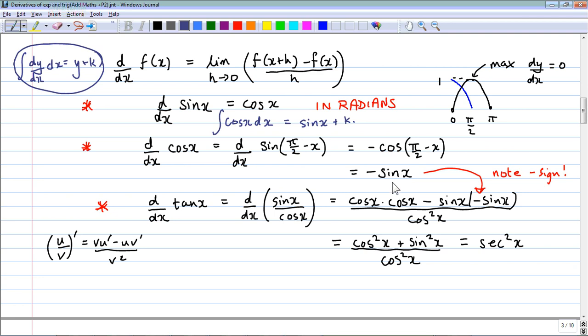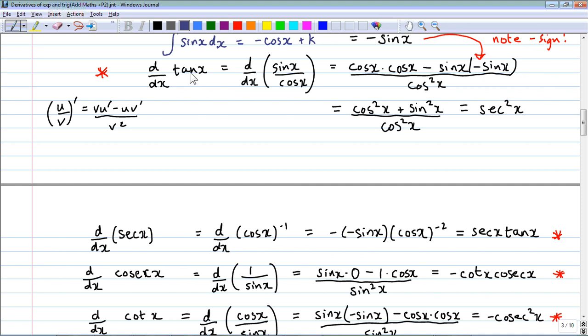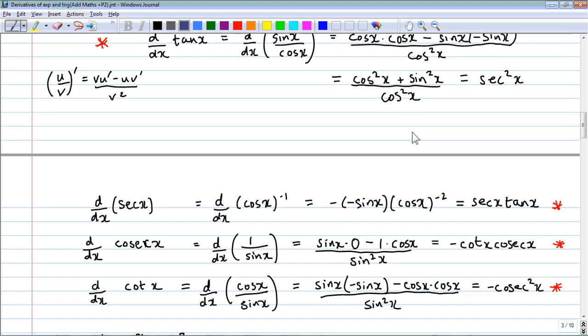Here, the derivative of cos x was minus sin x, so the integral of sin x dx, remembering the minus sign, must be equal to minus cos x plus a constant. Now what about this? Here we had the derivative of tan x was sec squared x. Well, it follows that the integral of sec squared x dx must be equal to tan x plus an arbitrary constant.